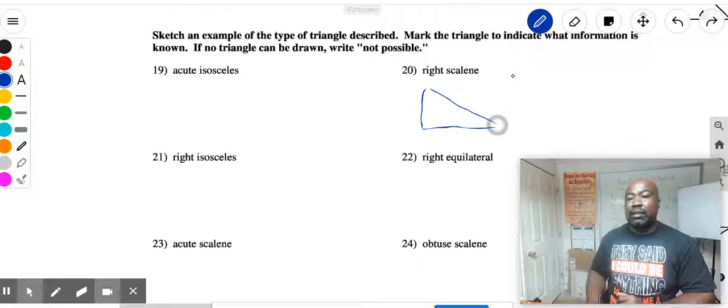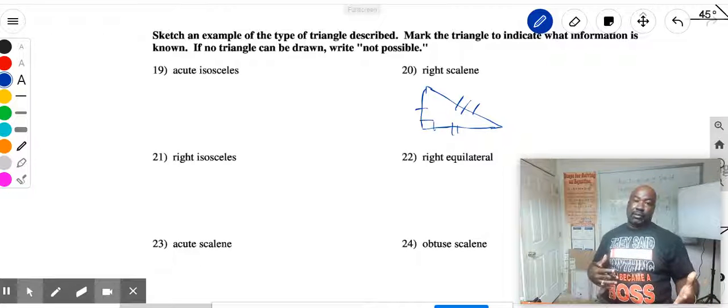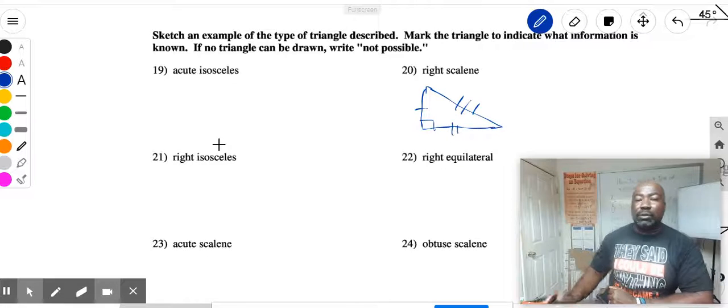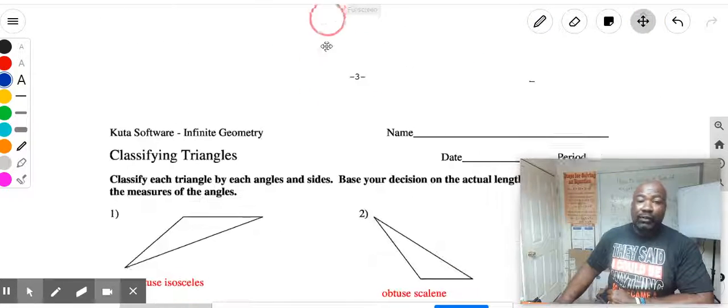So now this is my right triangle. But this side and this side, all three sides are different. So they ask you to sketch out what an acute isosceles looks like, a right isosceles. And if you need some help, you could go back up and use the worksheet to guide you. We did quite a few.